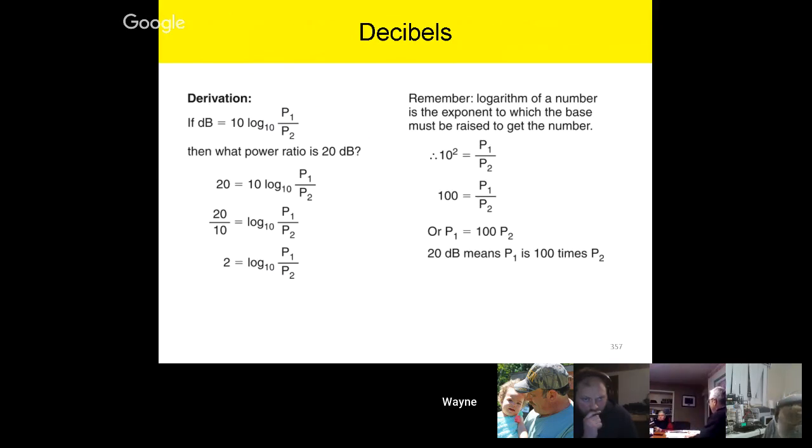If dB equals 10 log base 10 of P1 divided by P2, then what power ratio is 20 decibels? You follow the progression along there, and you finally come out to 20 dB means P1 is 100 times P2. This you don't have to remember on the test, so it's just there for reference.